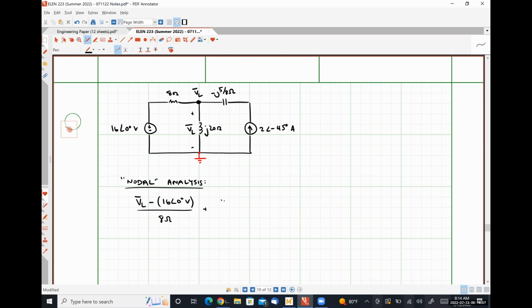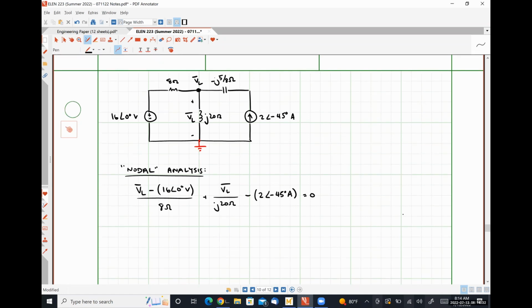I'm going to have VL over J20 ohms. That's the current flowing down. And the current flowing to the right is negative 2 angle negative 45 degrees amps. Set this equal to 0. And now it's just algebra.